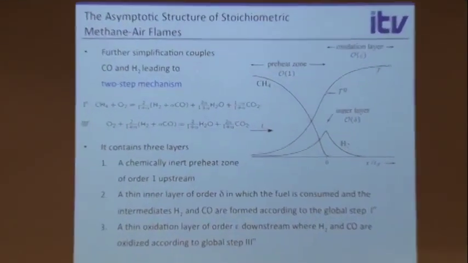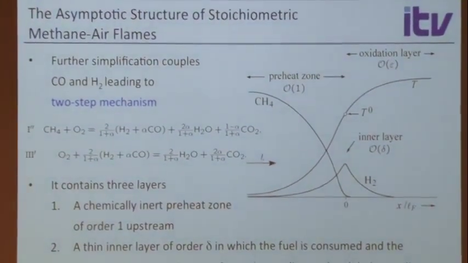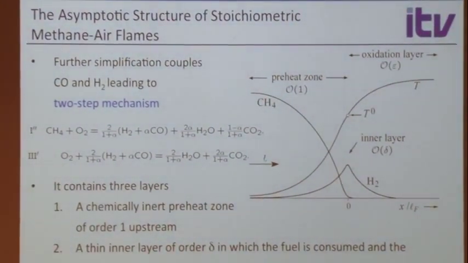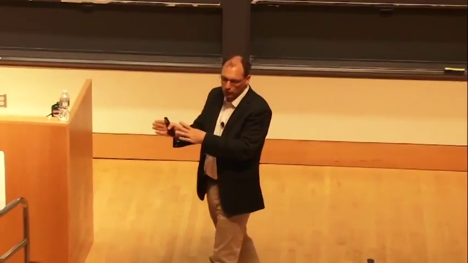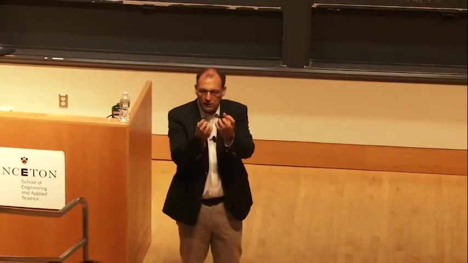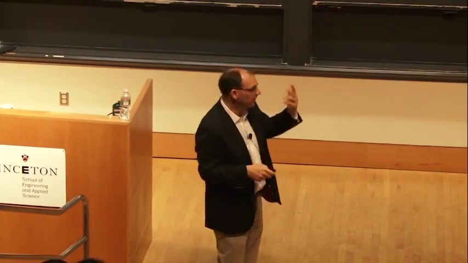We can go to a 2-step mechanism. In the 2-step mechanism you can't set anything steady state anymore, but the assumption is that anytime the fuel is consumed, it forms certain amounts of CO and H2. So I just take CO and H2 as one coupled species, in the right amount.